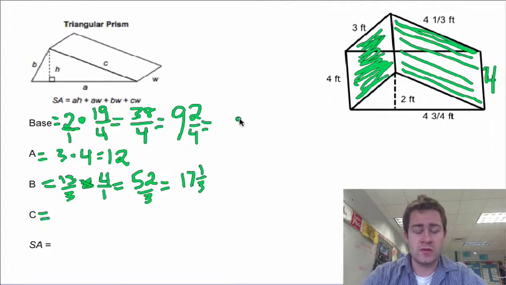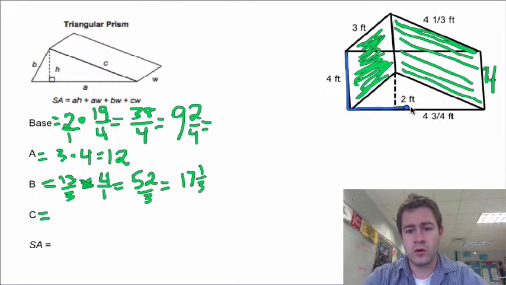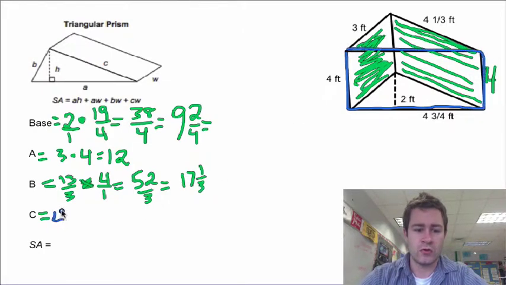Alright, so now we got side C, which is the very bottom. So if I can imagine, it is the 4 by 4 3/4 bottom rectangle. Okay, so I would do 4 times 4 3/4, which we concluded as being 19/4.